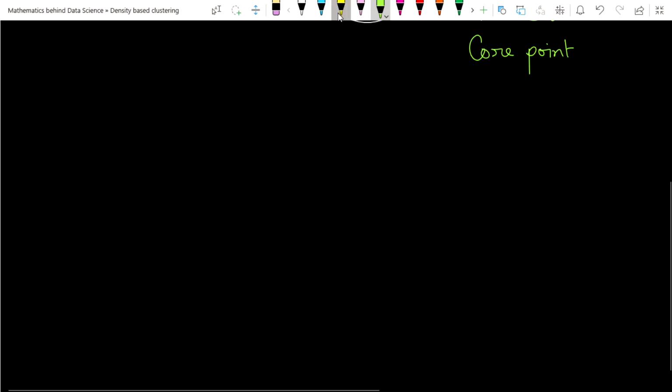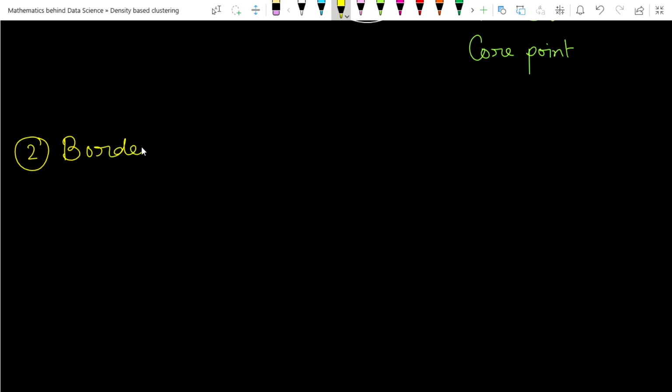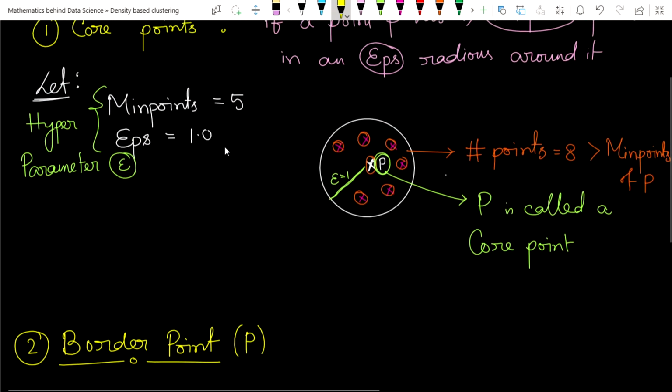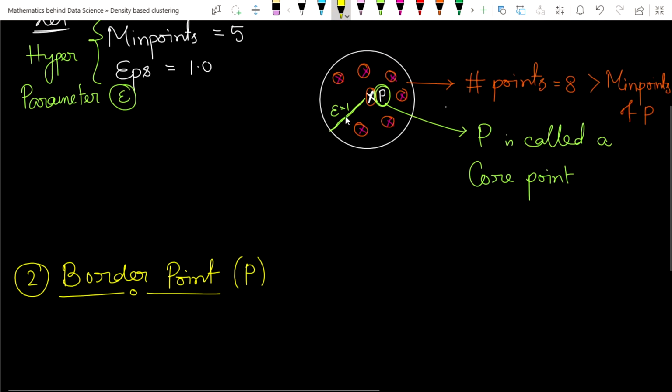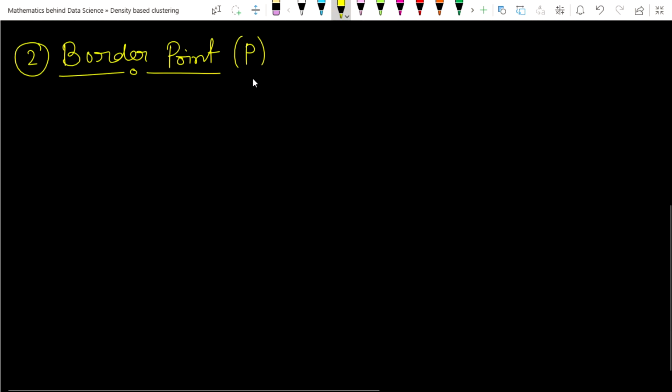So now the next concept is the border point. What is a border point? Let's see. Suppose I am taking the same point P. This point will be a border point if it satisfies two conditions.